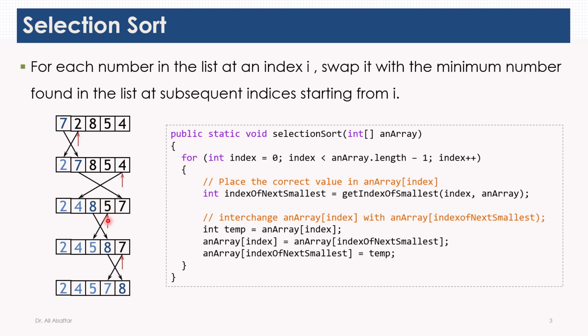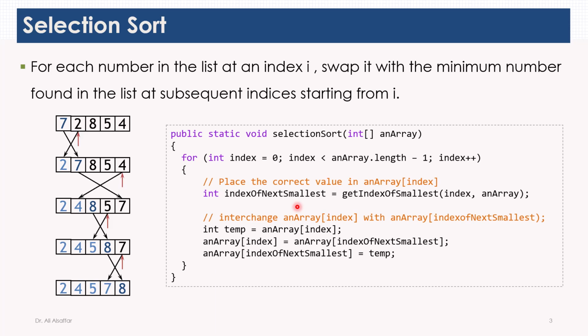The place is the index. So 3 will be returned and saved into indexOfNextSmallest, and these 3 lines will swap the elements at the current index, which is 2, with the index of the smallest integer, which is 3, and the result is this array. So this is how this method is working, and this is what it is returning.